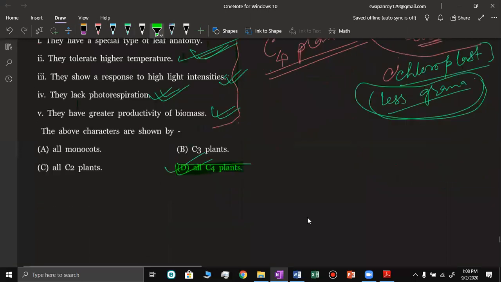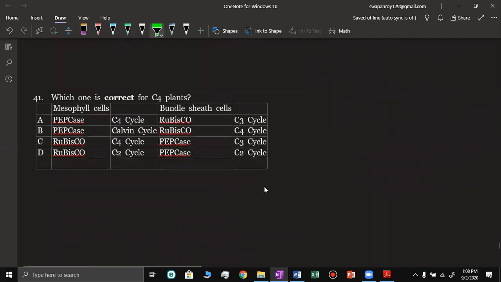Okay, so this is an important question on matching, which one is the correct matching for a C4 plant. In a C4 plant, PEP carboxylase is there, which carries out the C4 cycle, and Rubisco is also there in the bundle sheath cell, which carries out the C3 cycle.